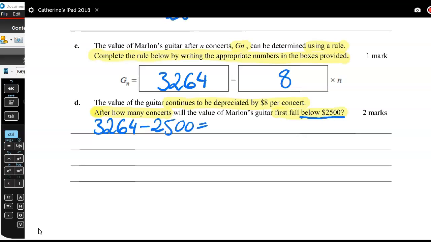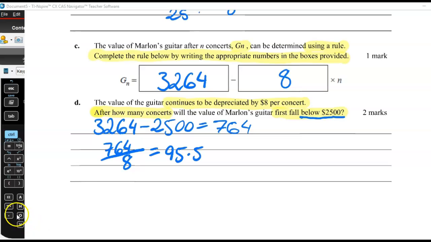So our depreciation on that, and you can use your CAS calculator for this obviously, is $764. So 764 divided by 8 is 95.5.